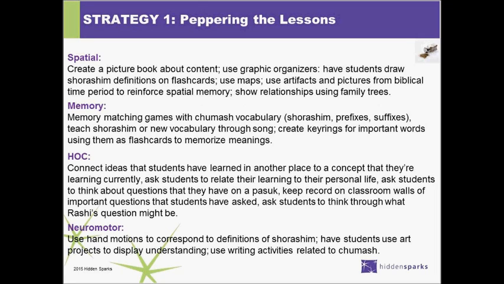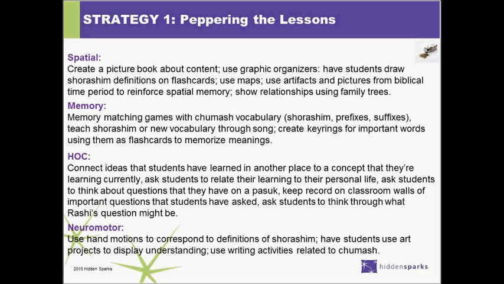In addition, we have a Hidden Sparks Judaic Studies Guide, which you should be getting in a separate link from this particular webinar, where there are a lot of different options of tasks that you can do and the constructs that are embedded within each task, so you have an understanding of what those tasks actually are. But here, I separated them out for you, just giving you some ideas. We'll just mention a couple of them, broken up into the constructs.